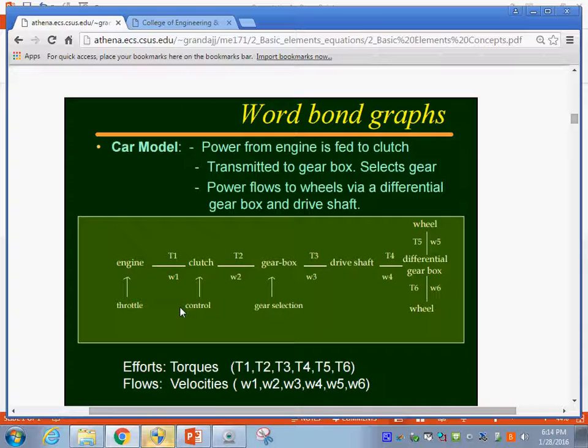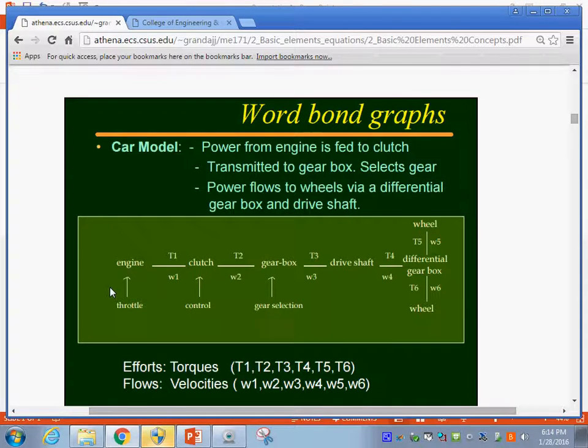where we have the engine, and you see the engine by itself. It is in fact a control system, because the throttle controls how fast the engine is rotating.